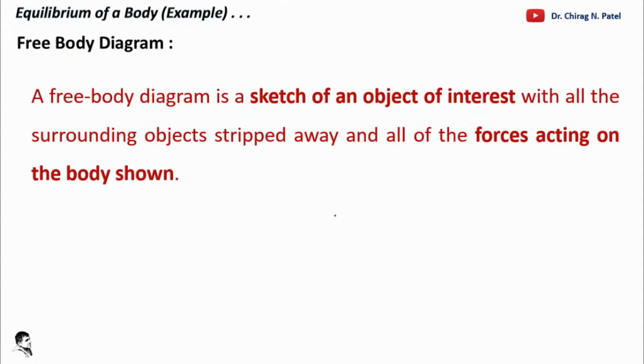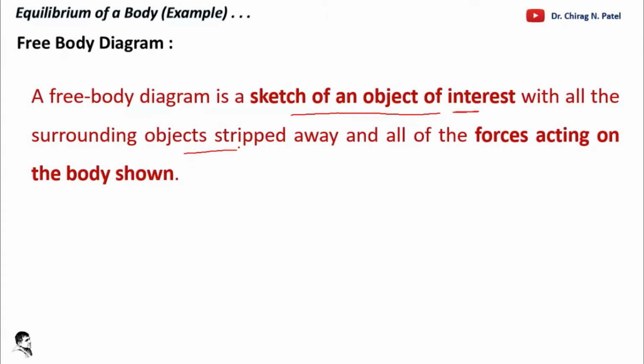Further, the definition: a free body diagram is a sketch of an object of interest. That means whatever the requirement of your problem, that is the object of interest, and you draw it again as a free body diagram.